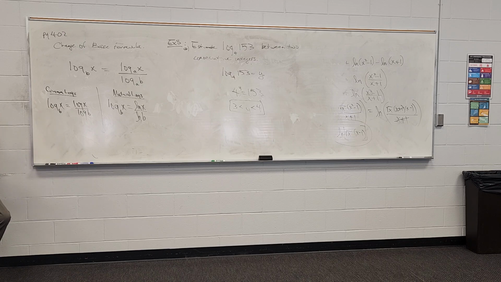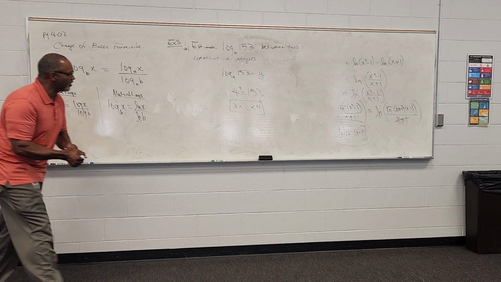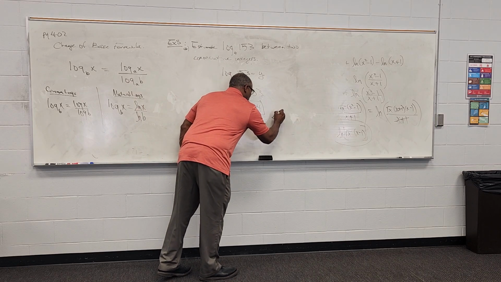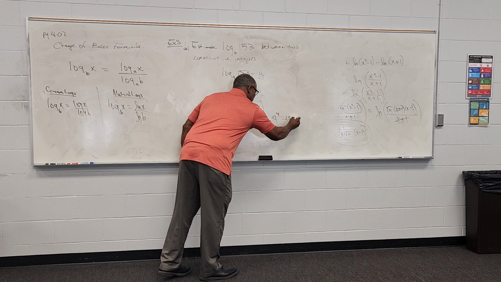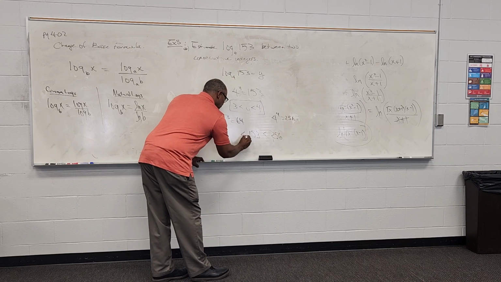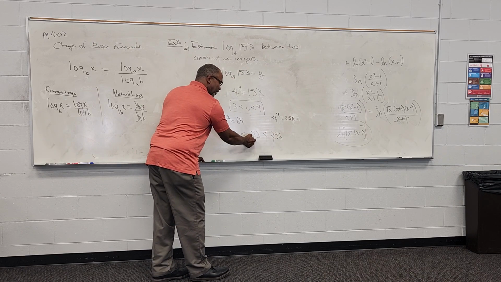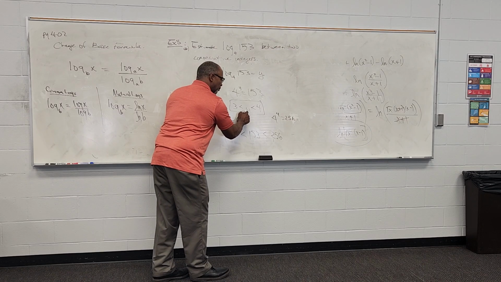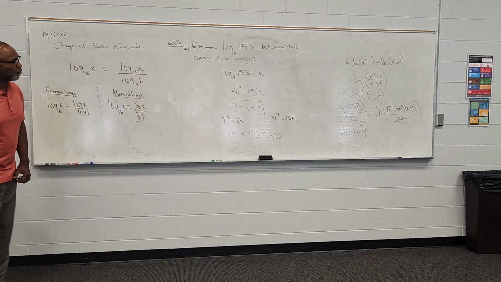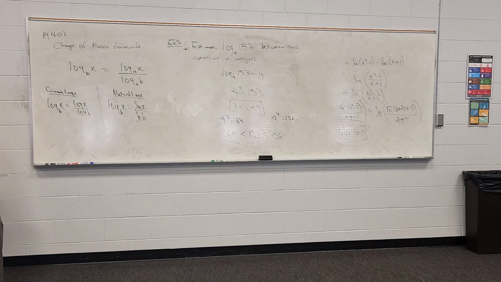Since 153 sits between 64 and 256, since 4 cubed is 64 and 4 to the 4th is 256, this value y I'm looking for better sit between the 3 and the 4. So the log to the base 4 of 153 has to be a number between 3 and 4.